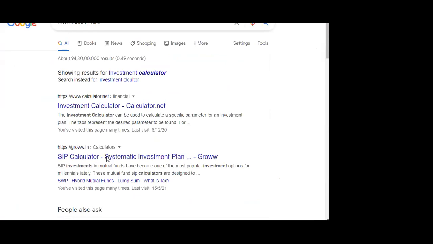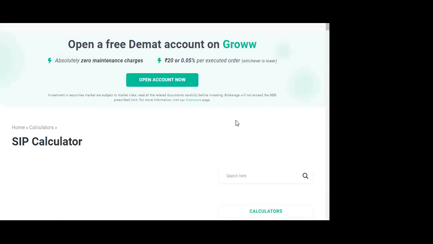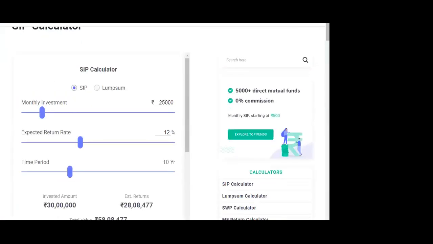Suppose there's something called SIP, mutual fund. Someone is asking, what is mutual fund? I will take one whole class on mutual fund. Mutual fund is like, you do not directly buy shares. Suppose Kishore has no knowledge and no time to check all this. So he gives the money to someone who knows about shares.